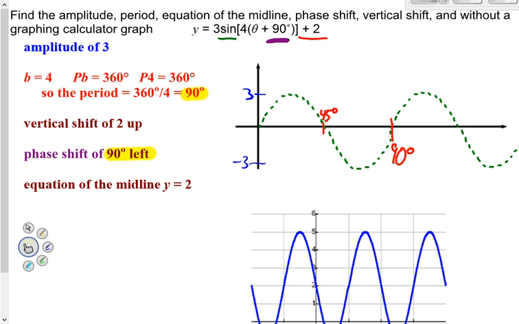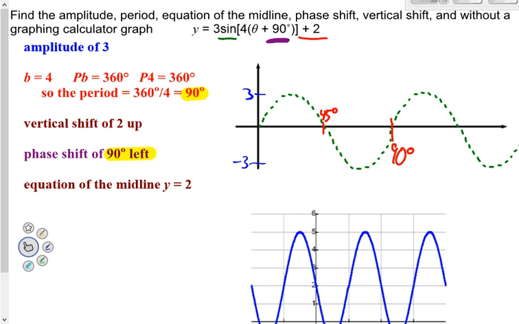When your period and phase shift end up being the same, they end up being on top of each other. So if I were to move this whole graph 90 degrees to the left, it would be on top of itself. So the phase shift in this case doesn't really do much. But I still have to do that vertical shift, which means I need to go up 2.